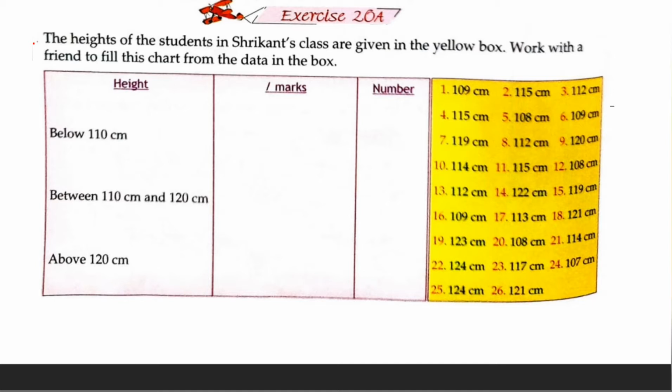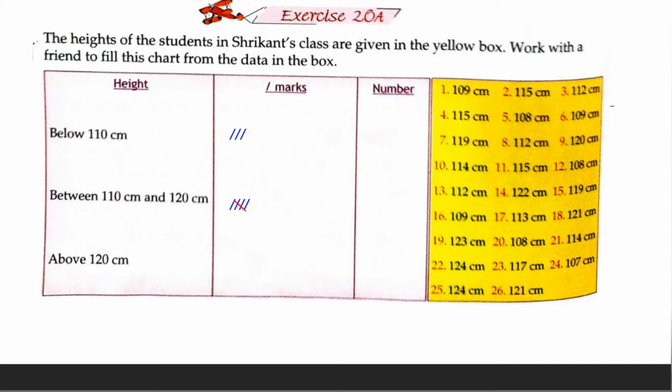Our first number is 109 centimeter, which is below 110 centimeter. Then 115, then 112, 115, 108, 109, 119, 112. Now we will be crossing it because 4 forward slashes are already there, so we'll mark it like this as 5.